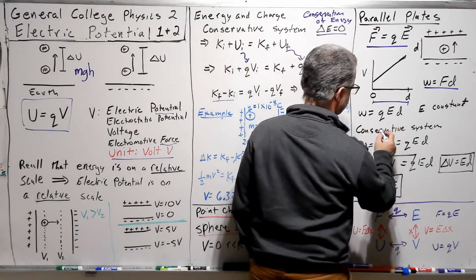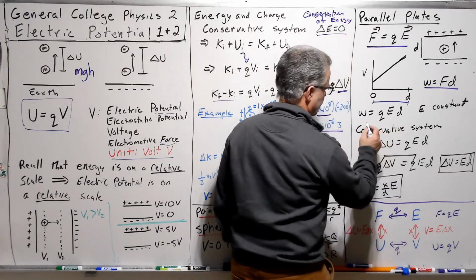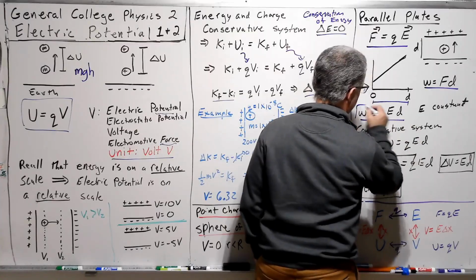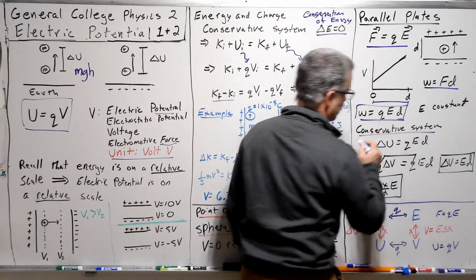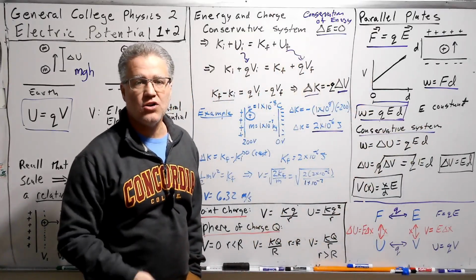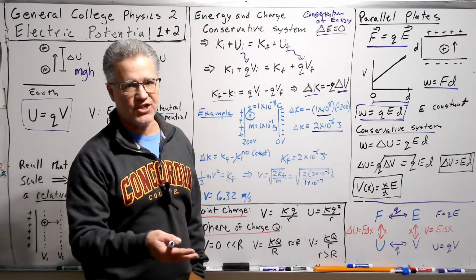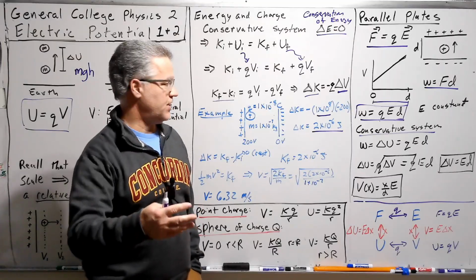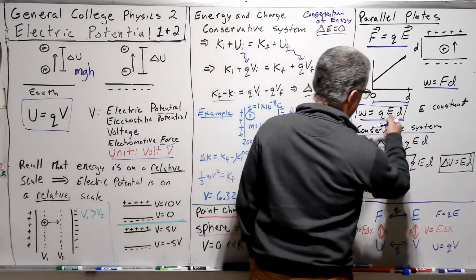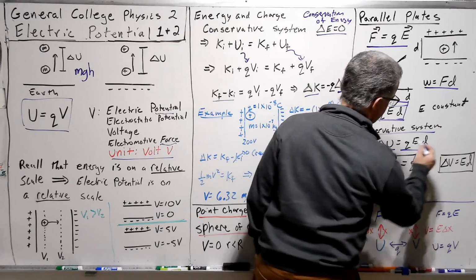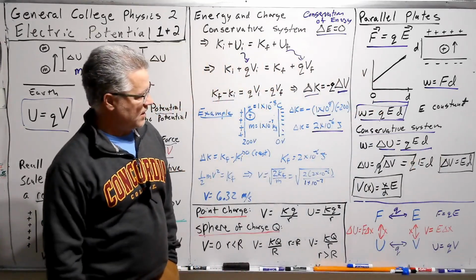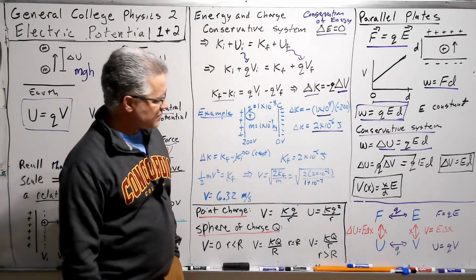So this is our work done. For a conservative system, that work is done to overcome the change in potential energy. There's no loss or dissipation due to heat. And so potential energy also equals charge times field times distance.